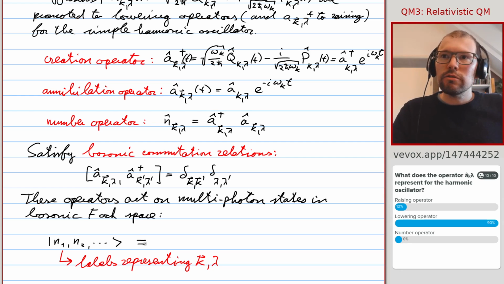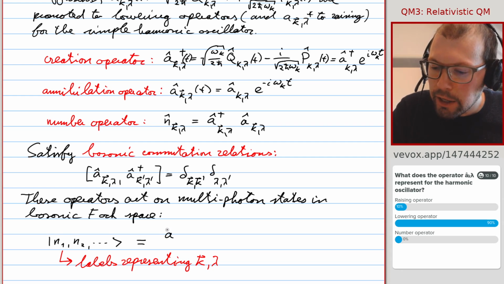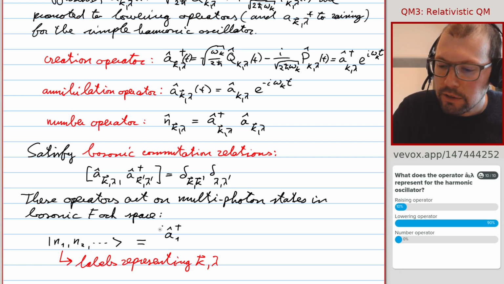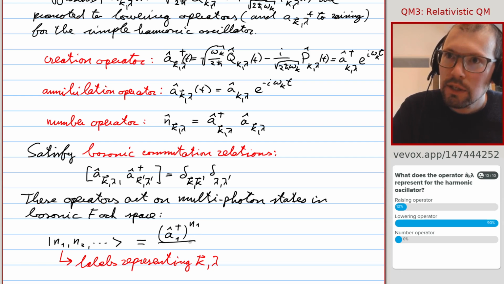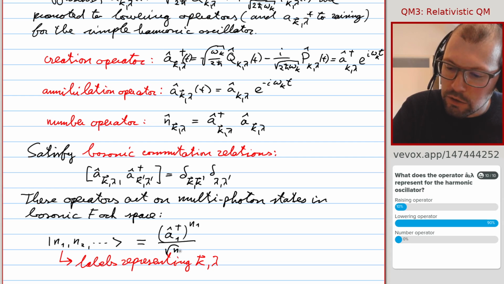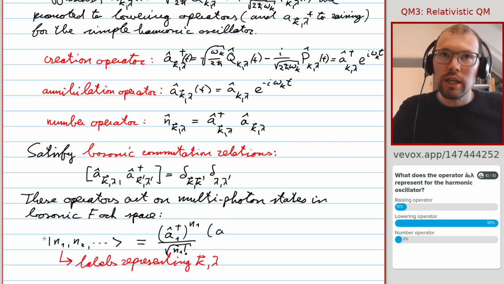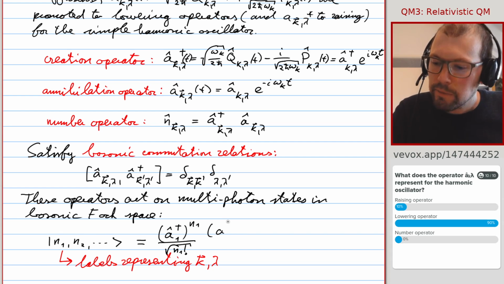And these states were obtained from the vacuum by acting with these creation operators n1 times, and then this normalization makes it a normalized state in this Fock space.